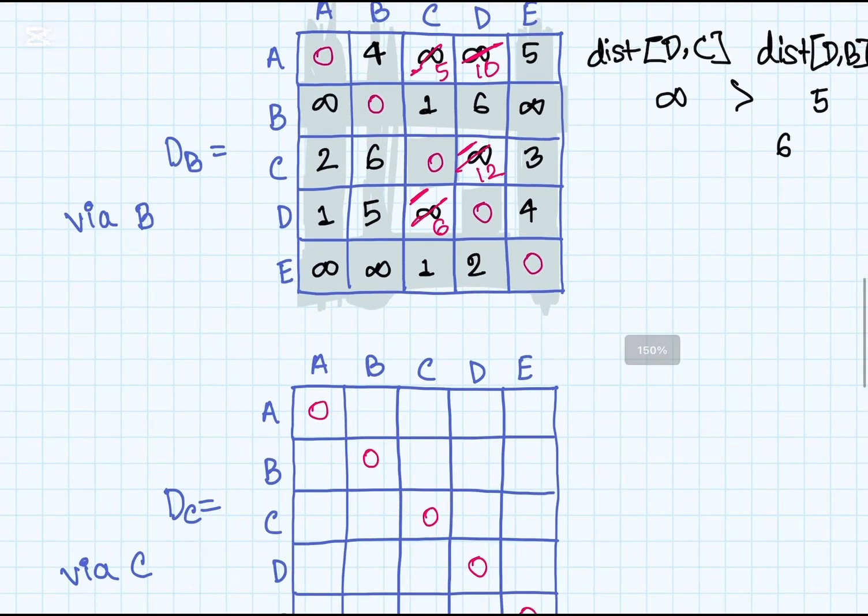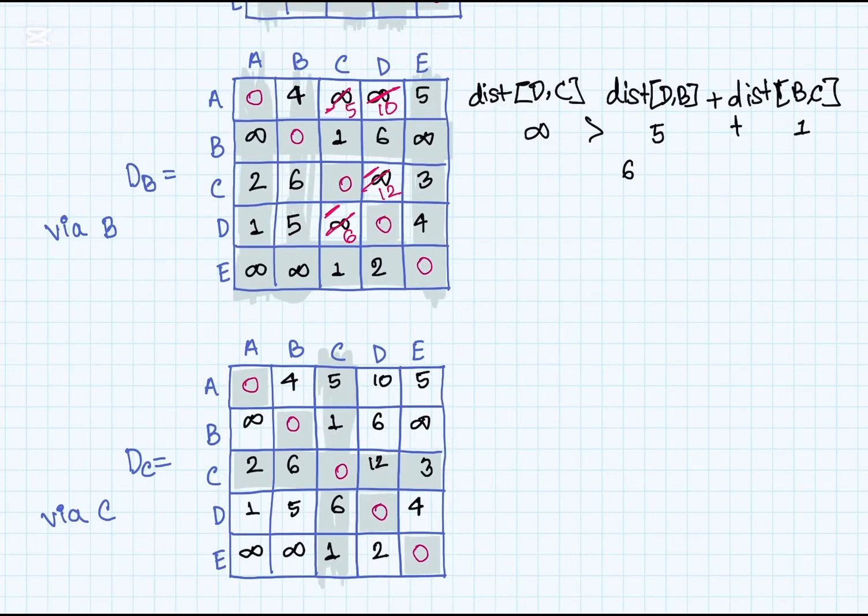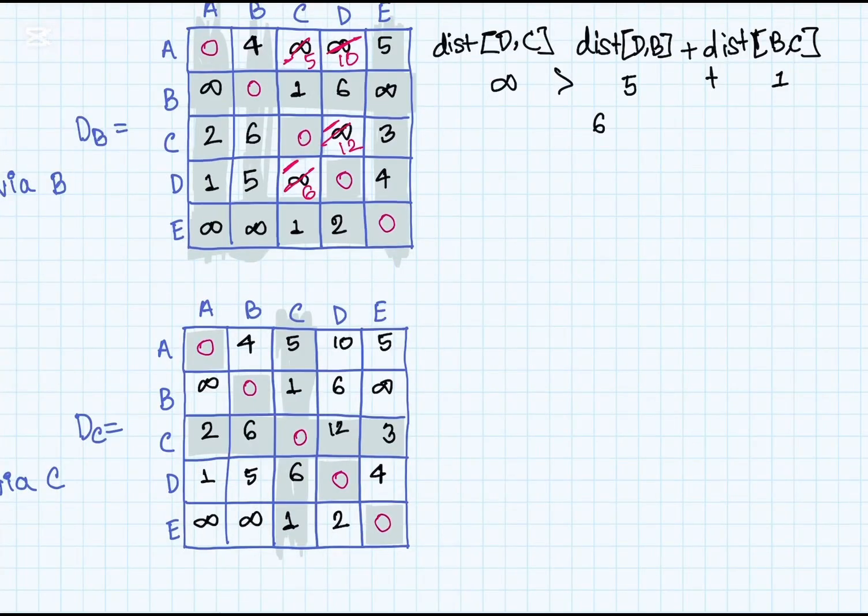Let's write down the final values of DB matrix into DC matrix. According to the tricks, the highlighted cells values will not be changed. So let's calculate the distance of all other cells. Now let's calculate the value of this cell. So distance of B to A via C path.